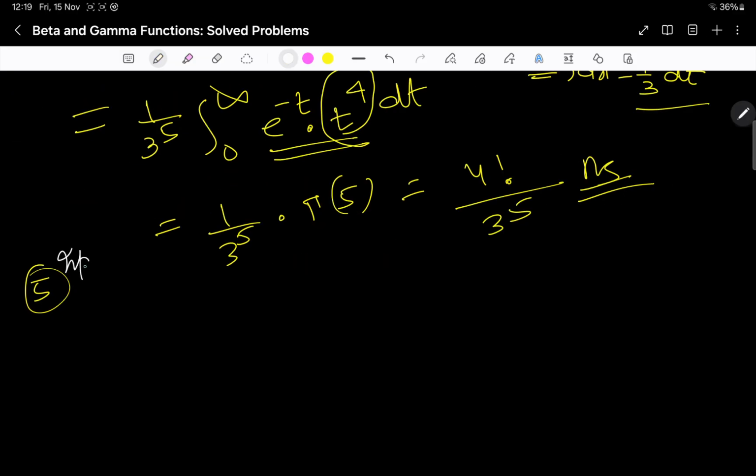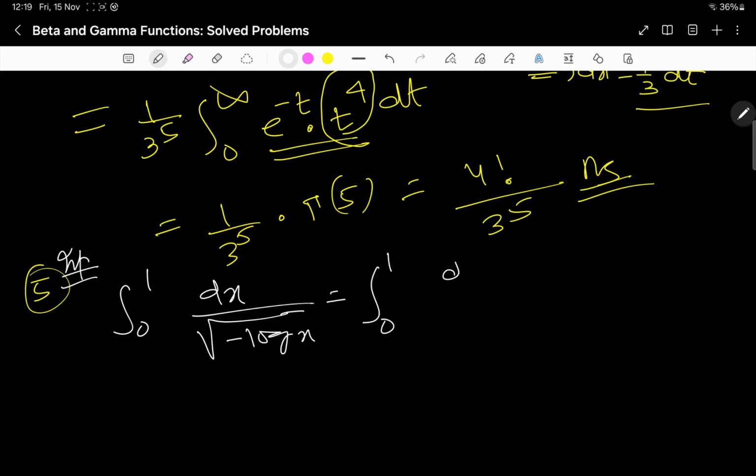Coming to one important problem. The integral from 0 to 1 of dx by root over of minus log x. Or we can write it as the integral from 0 to 1 of dx by root over of log 1 by x, isn't it? Because n log x is log x to the power n.